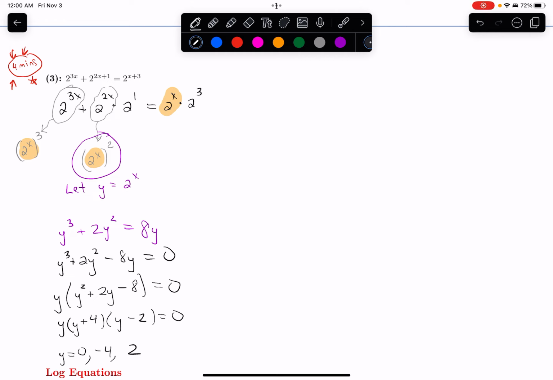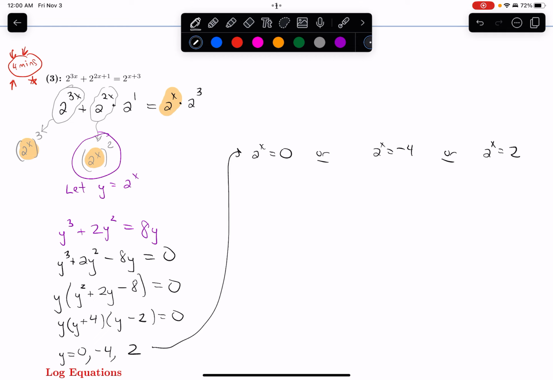I'm not done here because remember the original variable in the problem was x. So I've got to use my substitution and plug my values of y back in. When I plug back in, I get either 2 to the x equals 0, or 2 to the x equals -4, or 2 to the x equals 2.